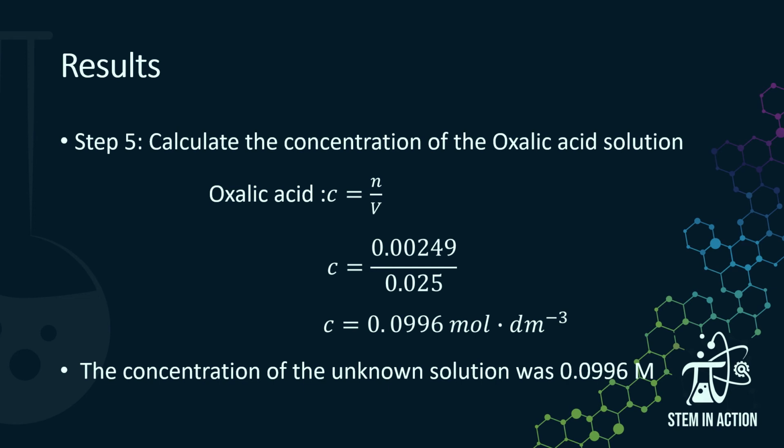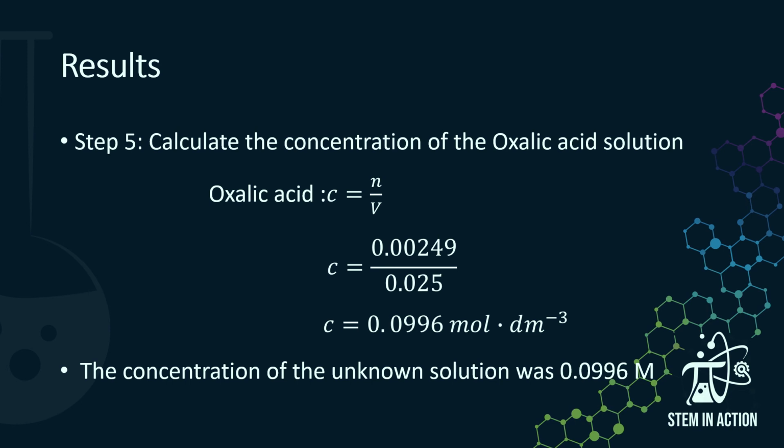We take that answer and plug it into this equation for step 5. We calculate the concentration of the oxalic acid solution, and we see that the concentration is going to be 0.00249 divided by the volume of the oxalic acid, which is 0.025, and we get a final concentration of 0.0996 moles per decimeter cubed.